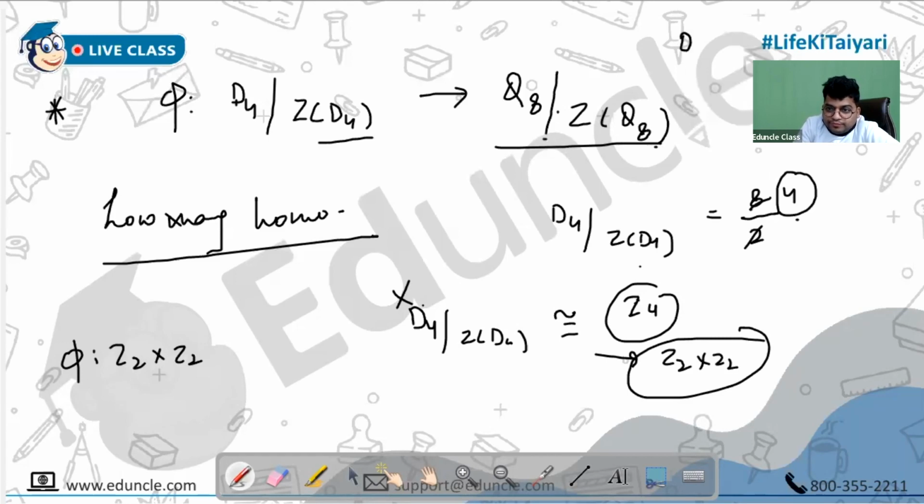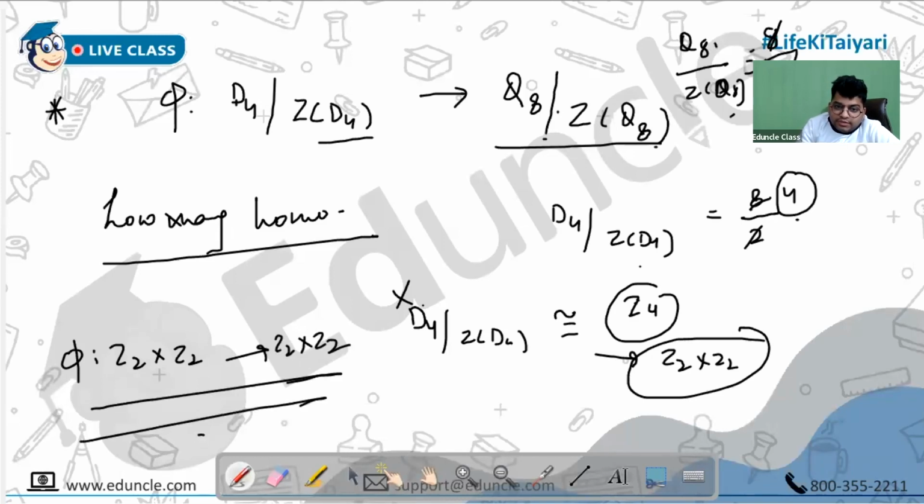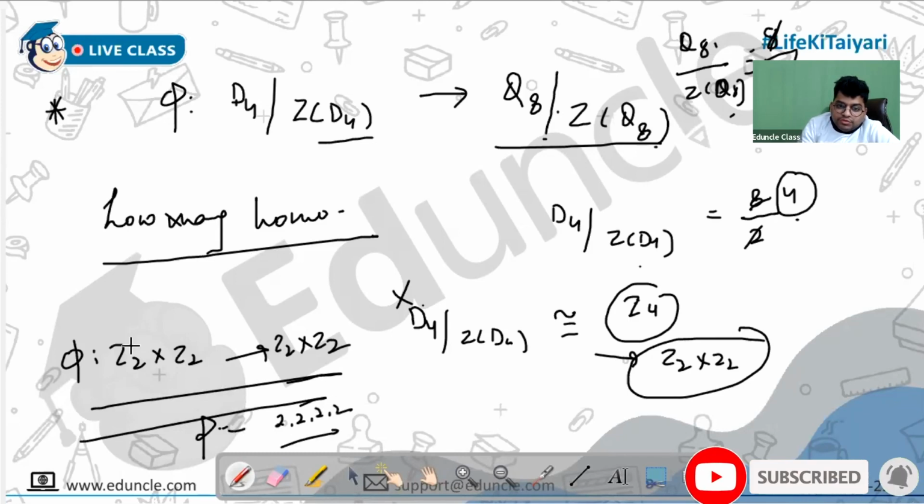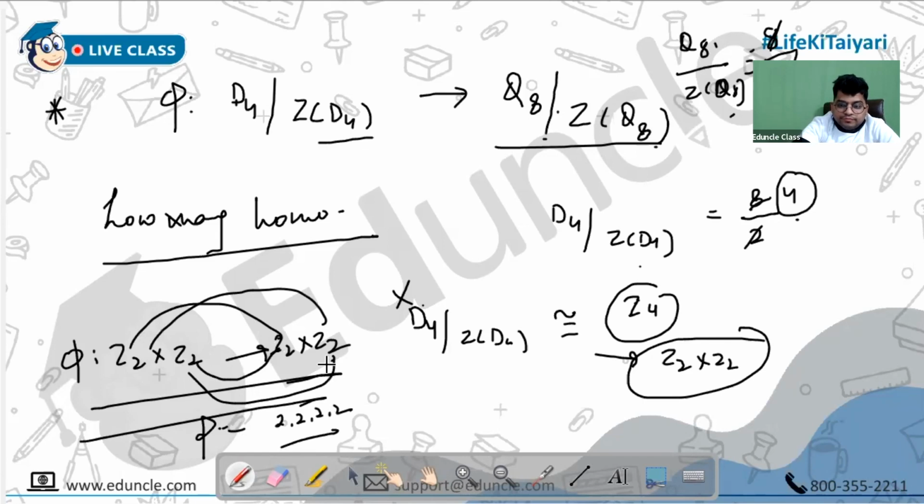Q8 upon center of Q8, 8 upon 2. That center is 1, minus 1. That is also not cyclic, that is Z2 into Z2. So this is isomorphism, this is homomorphism like this. So the answer is 2 into 2 into 2 into 2, GCD this, GCD this, GCD this, GCD this. Am I clear?